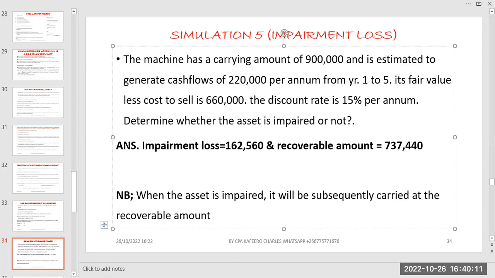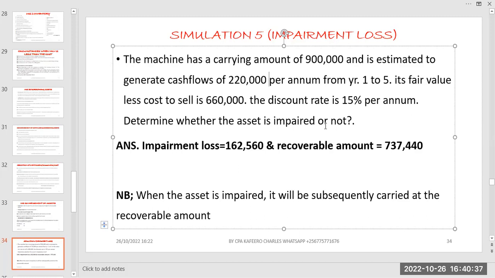What we said is that we first discount this amount. But since we are getting a constant amount, we are going to use the annuity factor. You may use the annuity table to get the annuity for the 5th year, then you multiply by this, and you compare the figure you get with this.